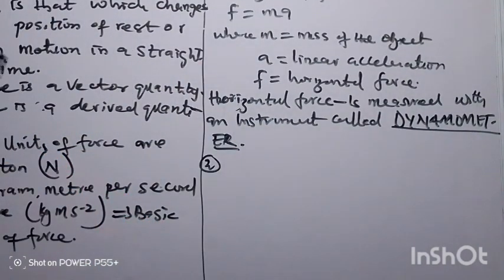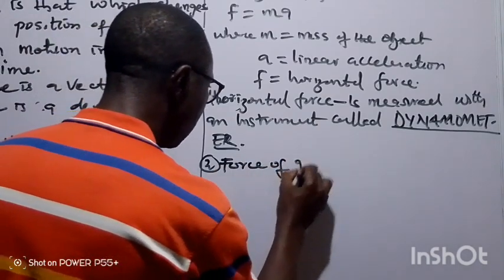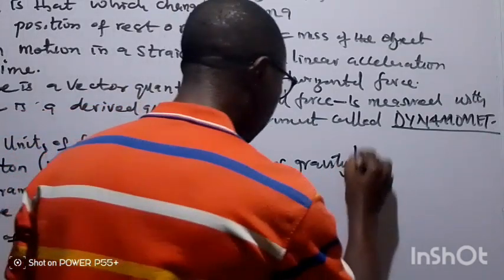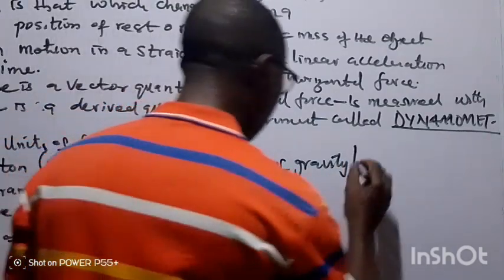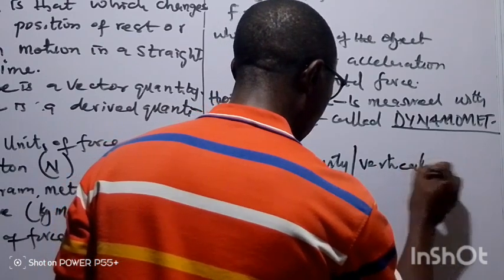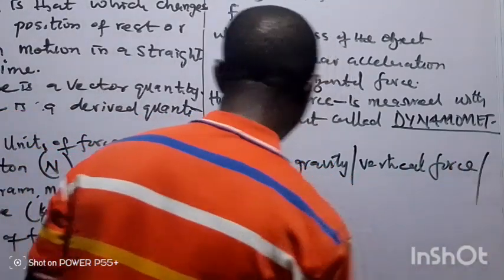Number 2, force in terms of magnitude: we have force of gravity, or you call it vertical force, or in another word, you call it weight.